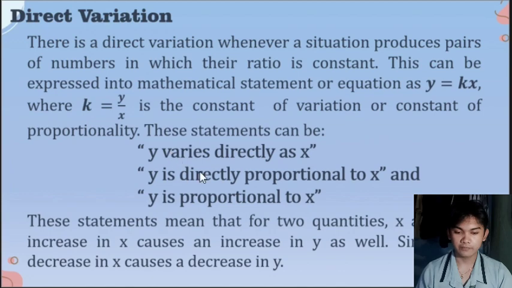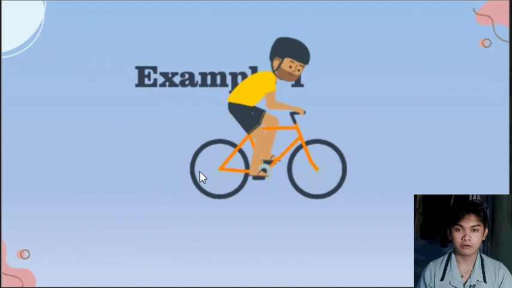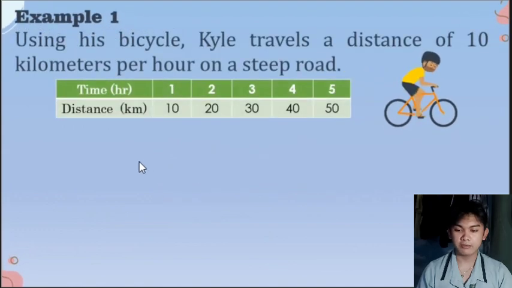Okay, so now let's have an example. Example number 1. Using his bicycle, Kyle travels a distance of 10 kilometers per hour on a steep road. Given the table of values, when time in hours is equal to 1, the distance in kilometers is equal to 10.